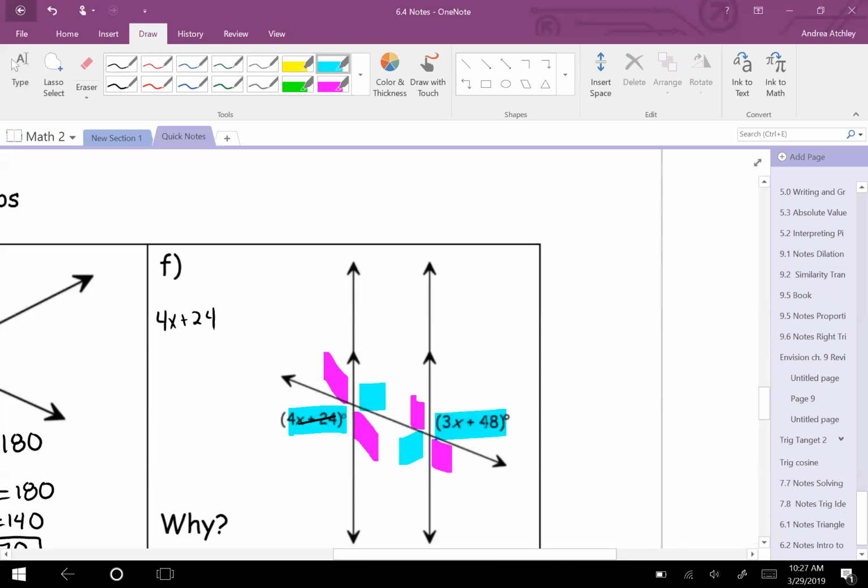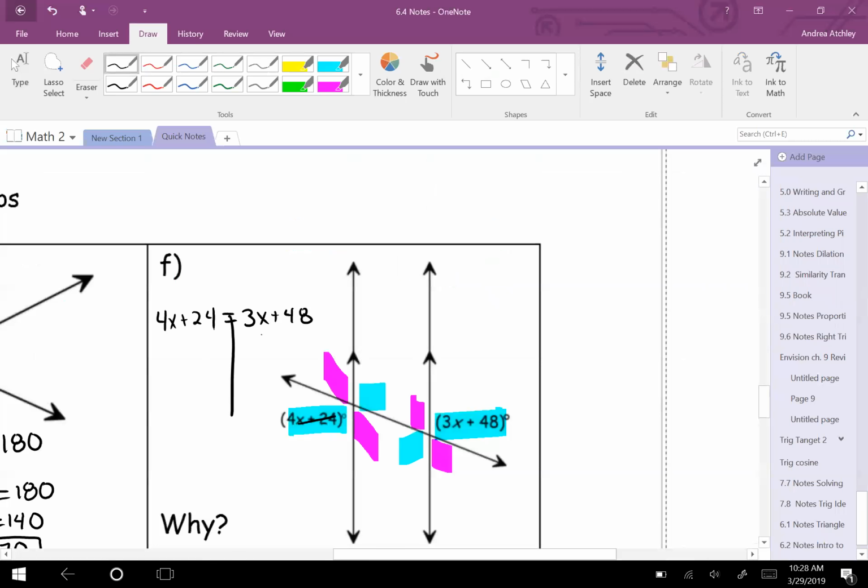They're on alternate sides of the transversal, but exterior, so those are congruent to each other. They're alternate exterior angles because they are on opposite sides of the transversal and outside the parallel lines.